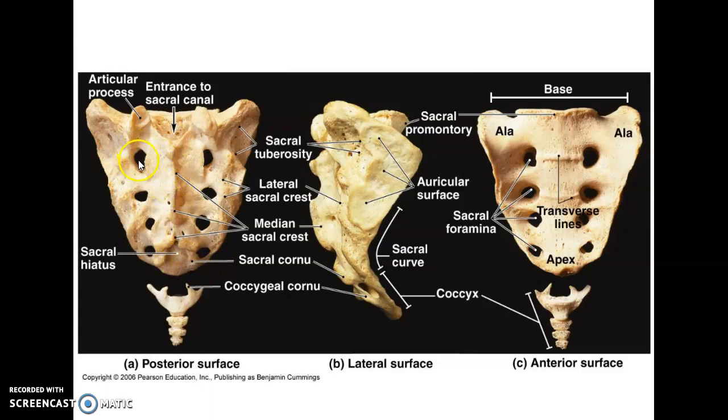Okay, now we know that the word foramen means hole, so foramina means many holes. So I hope this makes perfect sense that all these holes here beside the median sacral crest would be the sacral foramina. And then this area here and this area here, if you imagine that this looks kind of like an elephant, and let's say here's the trunk of the elephant down here and here's the head of the elephant, where would the ears of the elephant be?